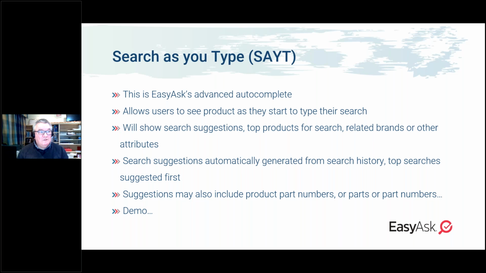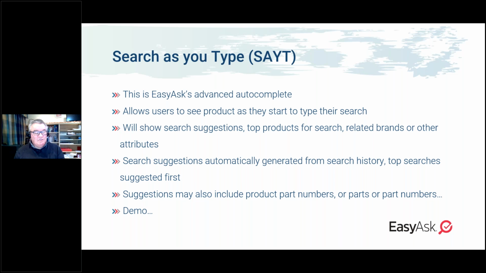And we will show more than just suggestions. So we might show suggestions, we might show the top brands, or we might show the top categories alongside the suggestions. And also in a lot of cases, we will want to show the top products. So we're actually putting products in front of the user even after they've only typed 2 or 3 characters.